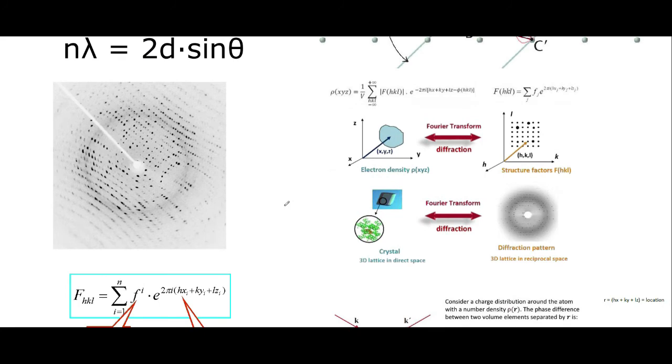And a look ahead at why we want this pattern is that through Fourier transforms it will allow us to recapitulate the crystal structure. So the diffraction pattern is the Fourier transform of the crystal itself. And then from this we get these structure factors, which are the various little spots on here. Then through Fourier transform we can get our electron density from that.